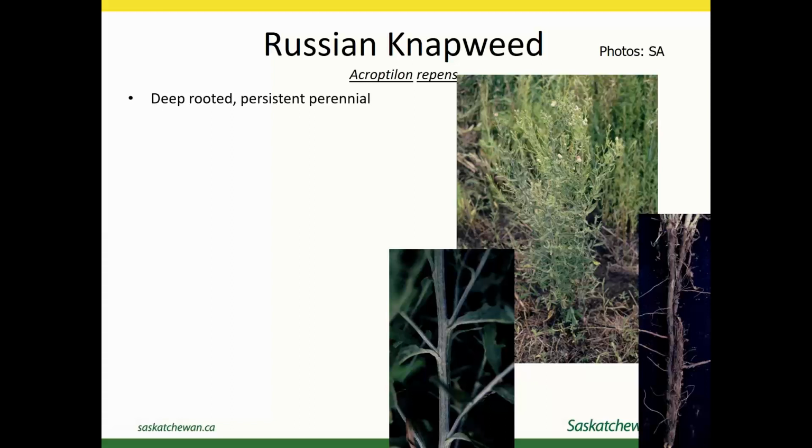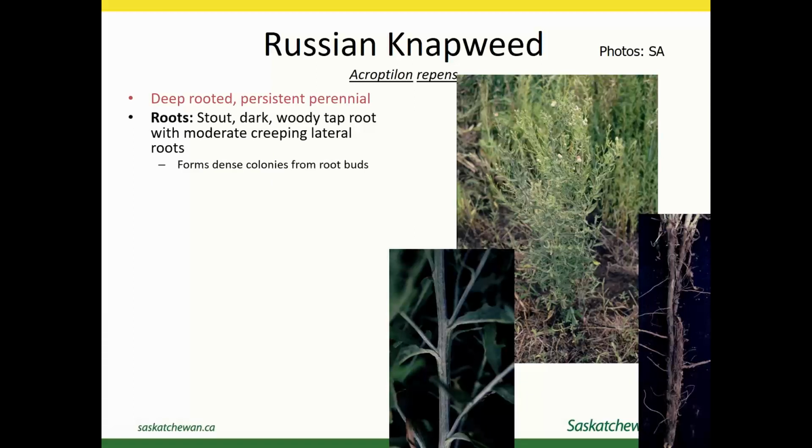They're a stout, dark taproot, almost woody, and it's got moderately creeping lateral roots, and essentially what it does is form very dense colonies where it grows. The entire plant is covered with a fine hair, gray-green in appearance. The stem does branch as you get up to the top of the plant in particular.